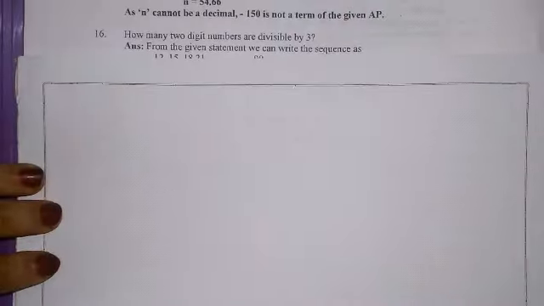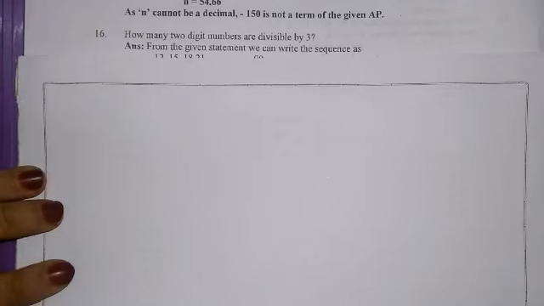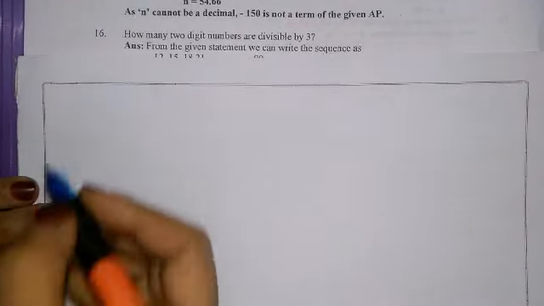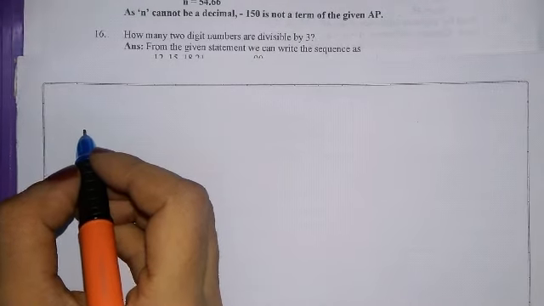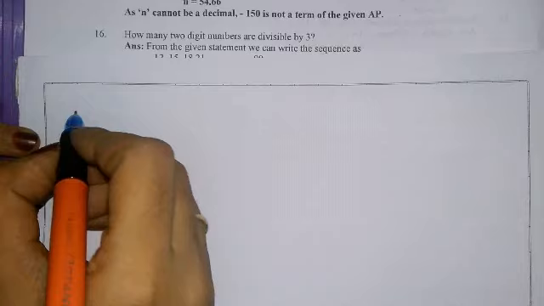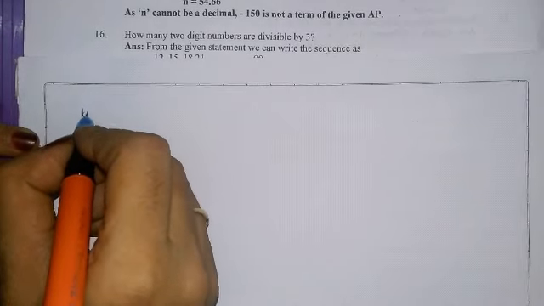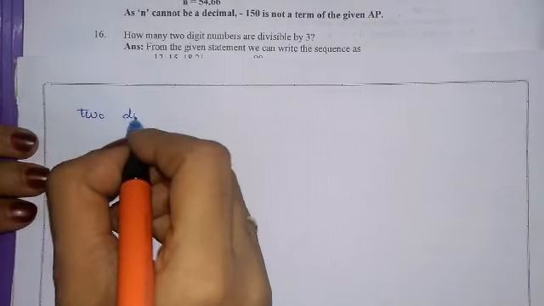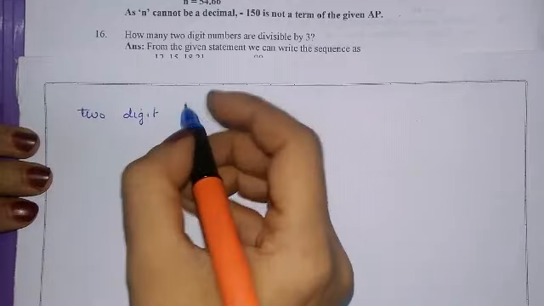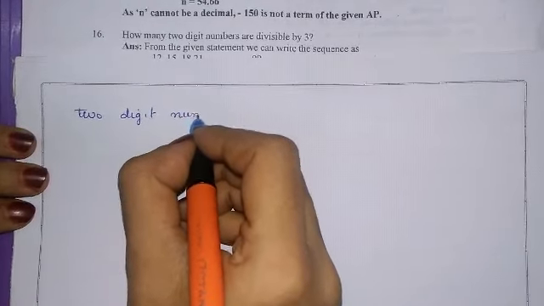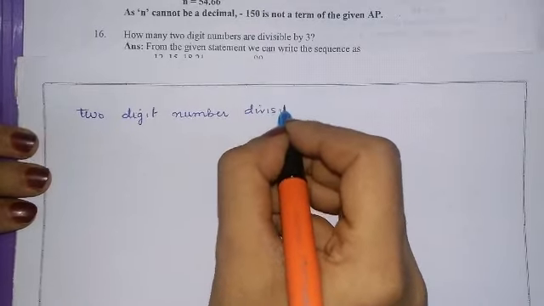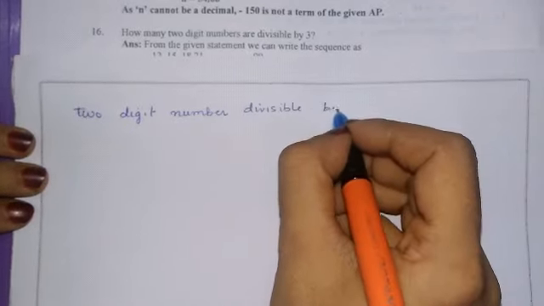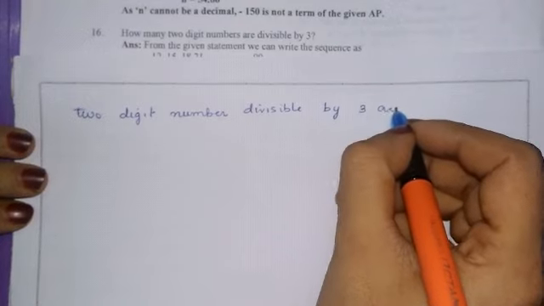The next question is, how many two-digit numbers are divisible by 3? Here they have asked how many two-digit numbers are divisible by 3. So let us write the two-digit numbers divisible by 3, which are in AP.